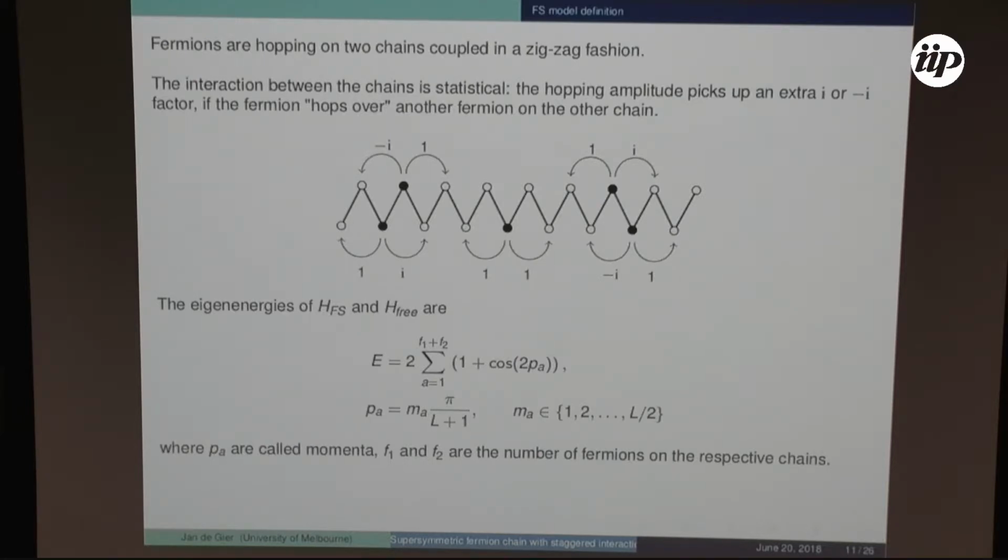Although the degeneracies of the spectrum are not the usual ones. So the energy eigenvalues are just free fermionic, right? So it's cosine of momenta, where the momenta are multiples of pi over L plus 1. Okay, so they had some reasons to look at this.